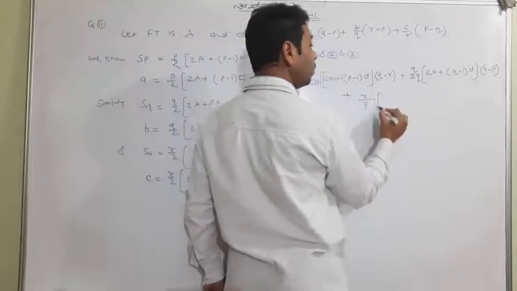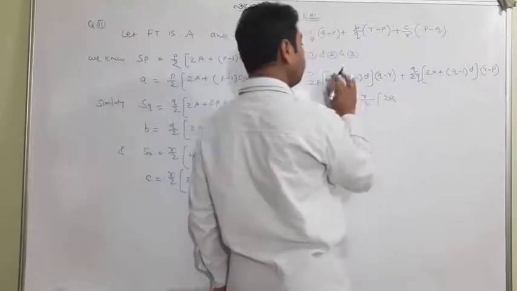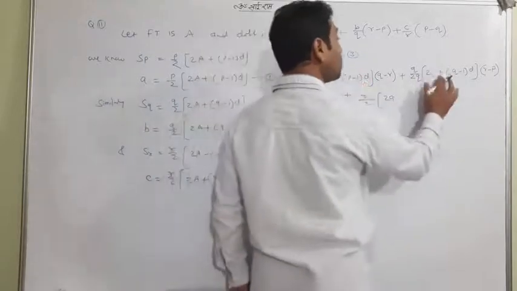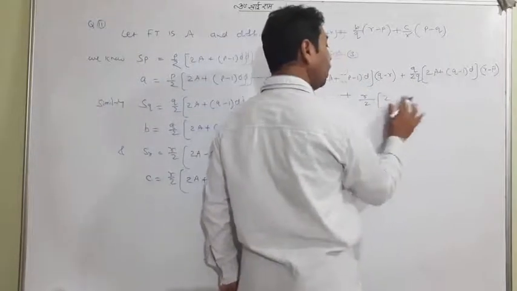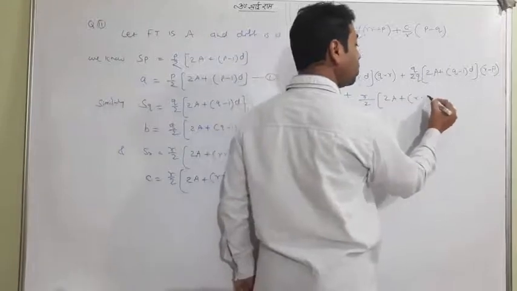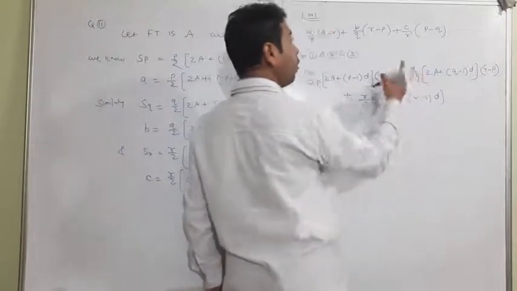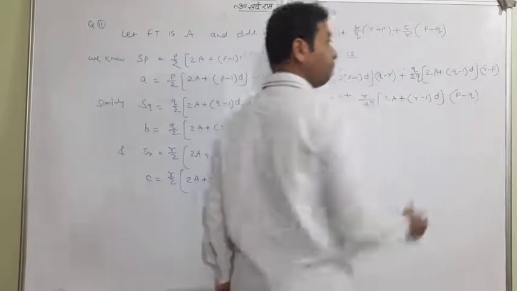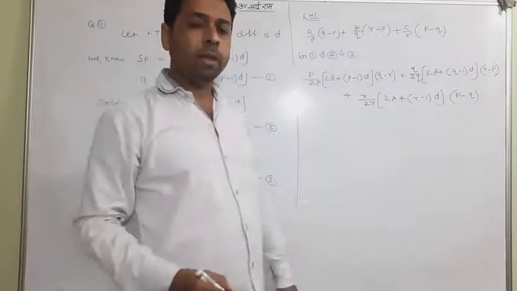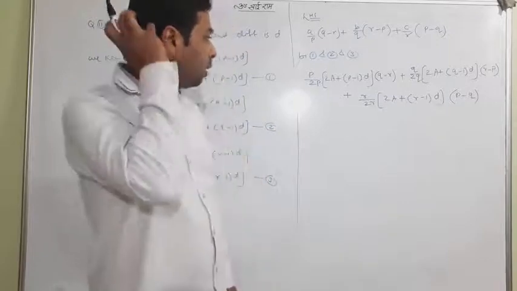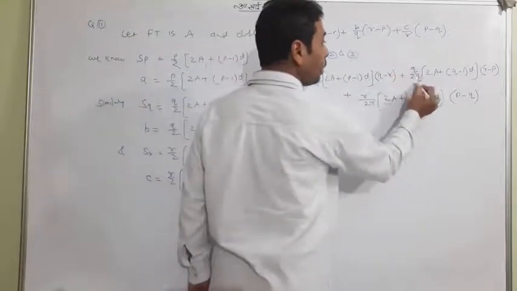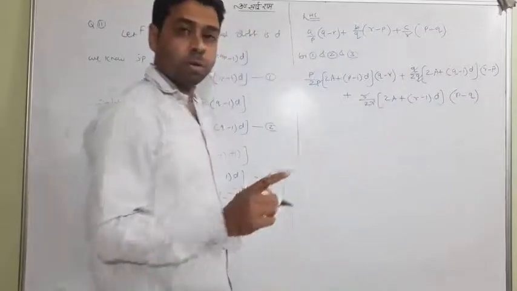It is r by 2 into 2A plus r minus 1 into D. I made a mistake somewhere, it was capital A. So 2A plus r minus 1 into D upon r, and into p minus q. This is a long one, but we will definitely manage it. Ultimately p and p cancel, q and q cancel, and r and r cancel. Hope you got it.